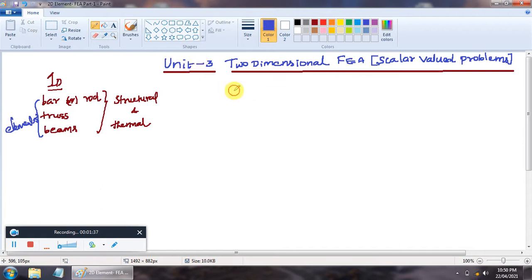Some examples of two-dimensional elements are a circle, a triangle, a square, a rectangle, or even a semicircle or trapezium. All these are the standard figures in two dimensions.